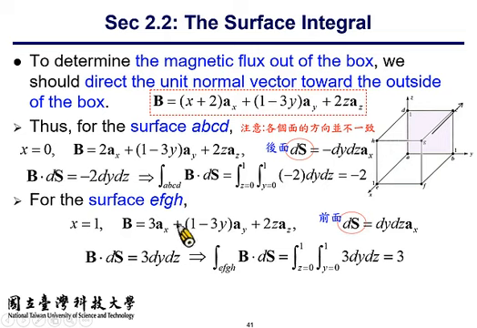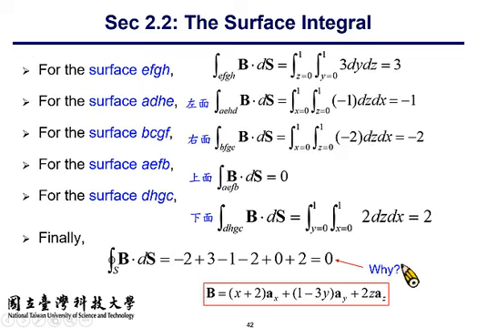So you can find out the magnetic flux going out of the front is 3, to the left is -1, to the right is -2, to the top is 0, to the bottom is 2, and you can find out the closed surface integration of this thing equals 0, right?